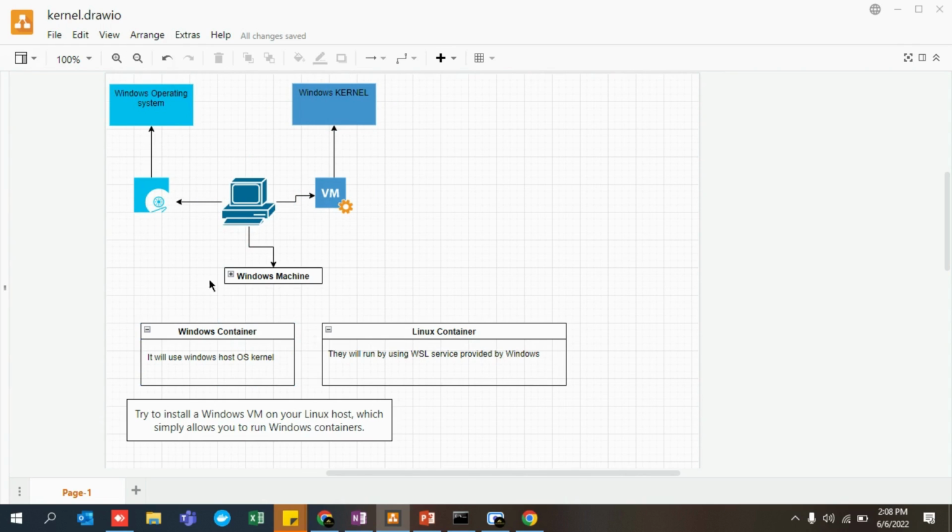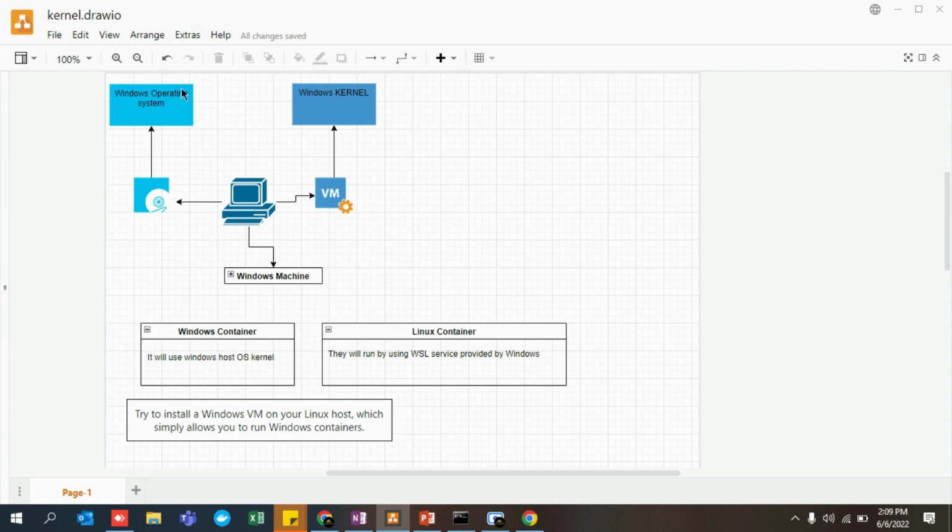Now if I install Docker over here, so the answer to that question I'm giving now, in very high level language. I'm not going very deep because this is not a Docker lecture. So if you create a container that is built on Windows, that is, if you create a Windows container, it will use the Windows host operating system, right?